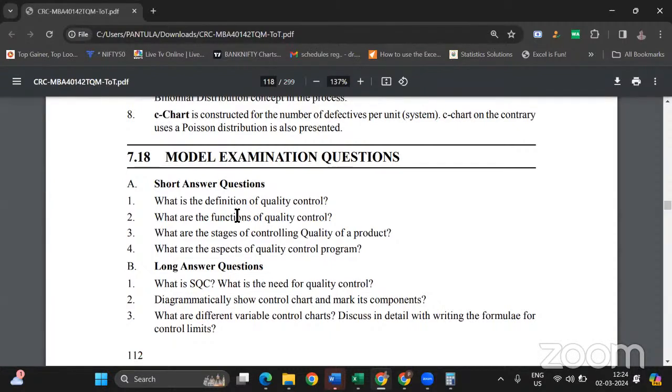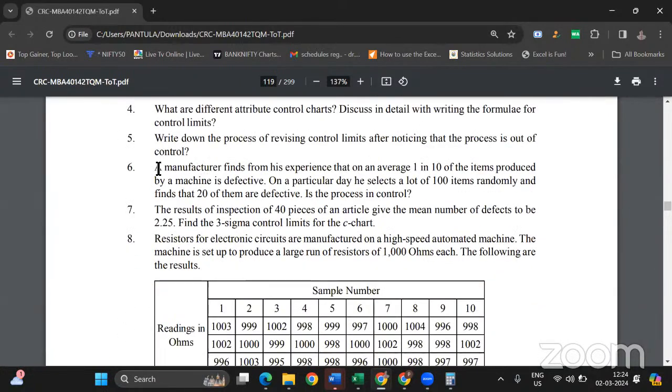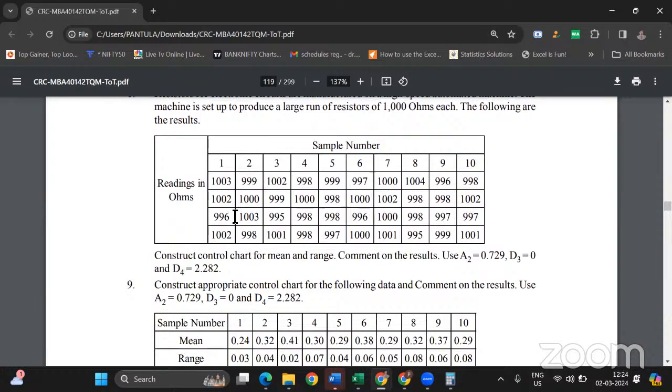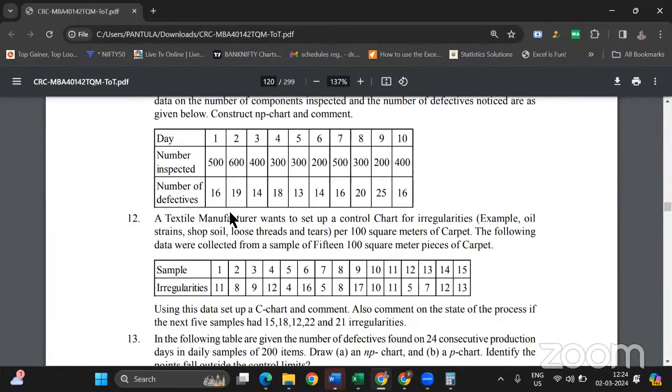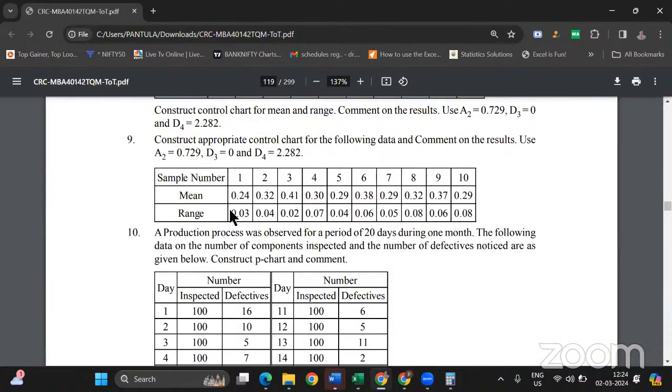There are long and short theory questions you can write, and problems. You can see the 6th question onwards is problems. You have to do some exercise. Anyhow, you have internal choice, right? No problem.